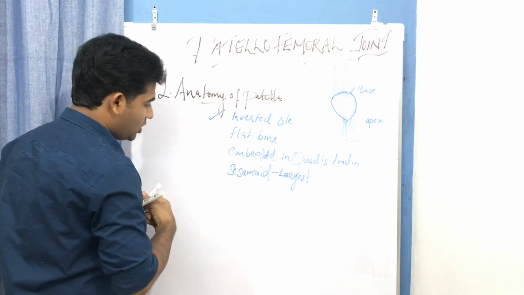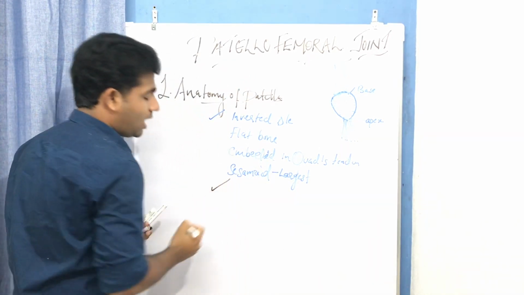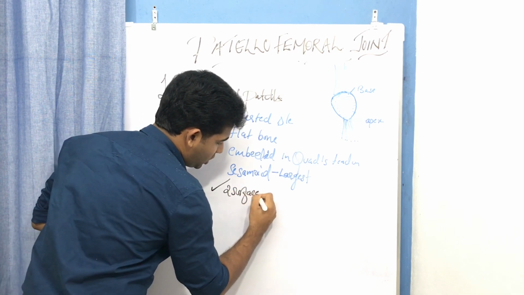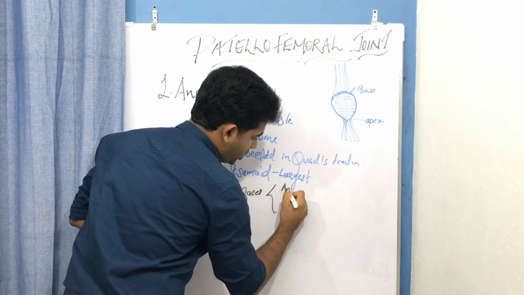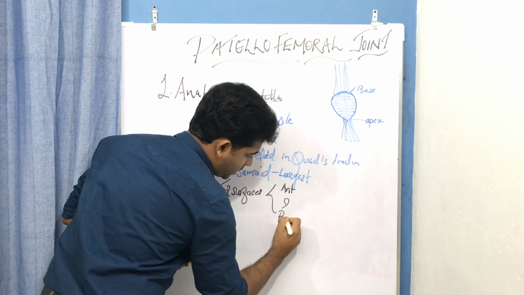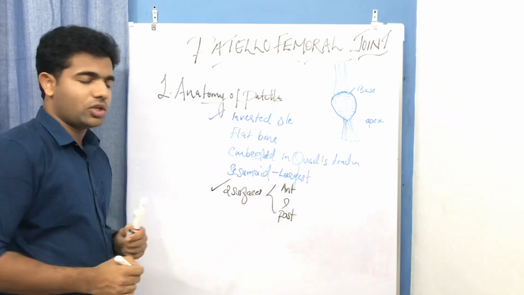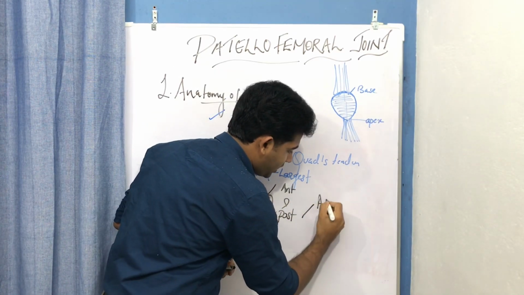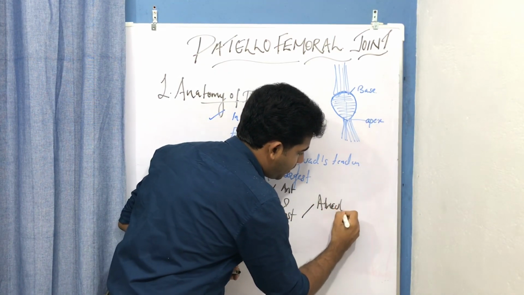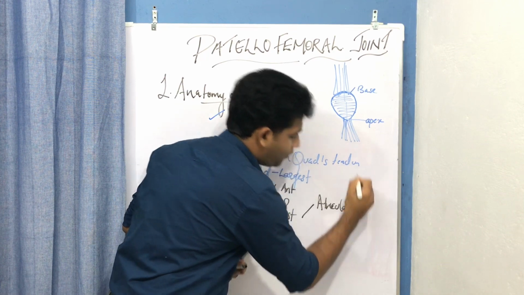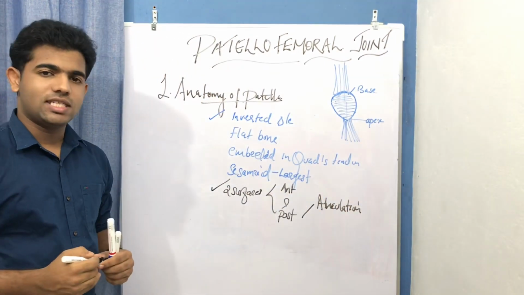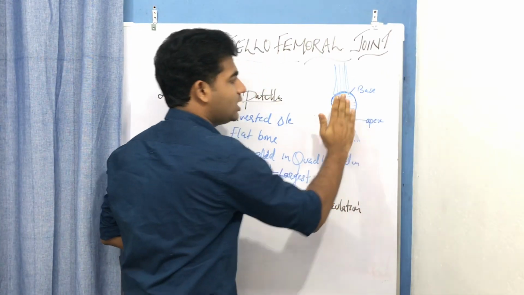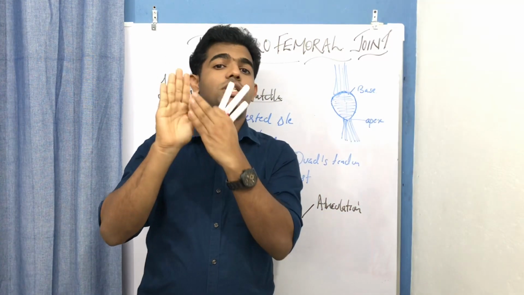This patella has two surfaces which are to be discussed in detail, that is the anterior and posterior surface. And we see that in patella the articulation is formed purely by the posterior surface. So that means the articulation is not by the anterior surface but by the posterior surface.